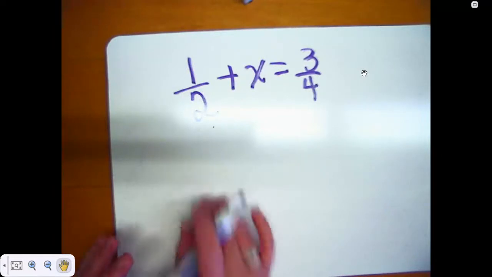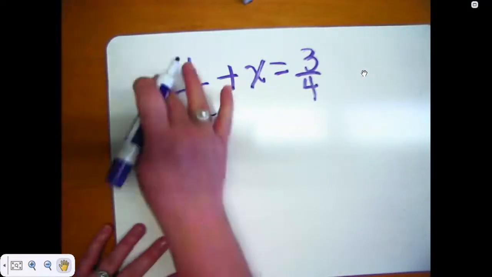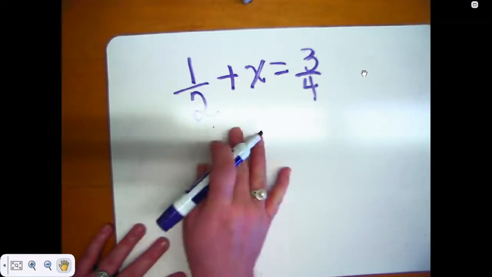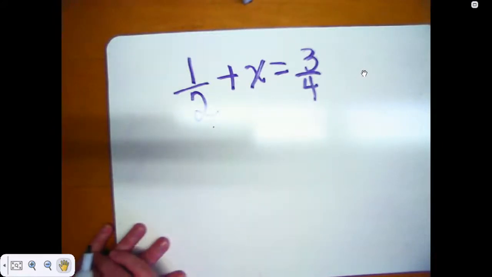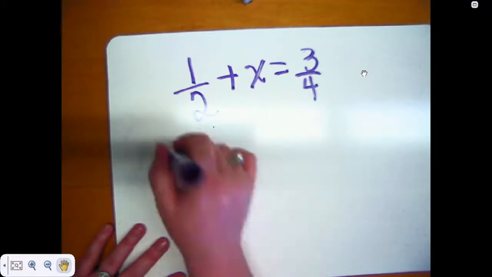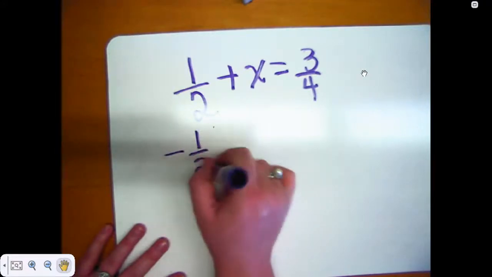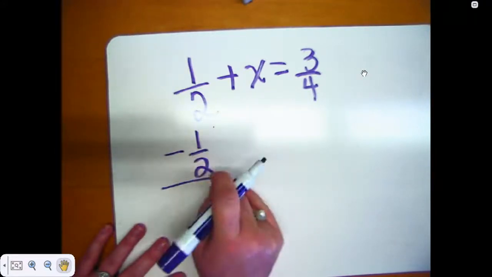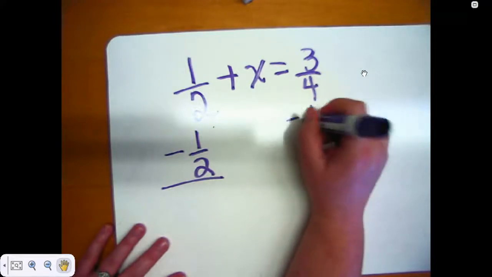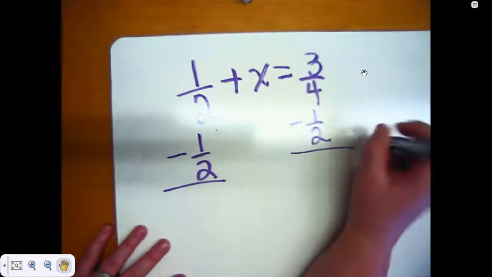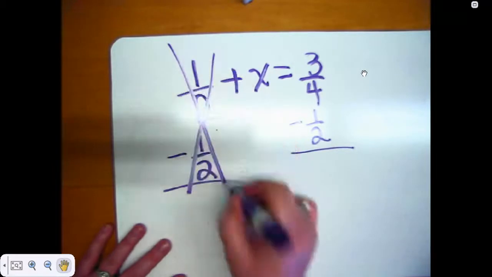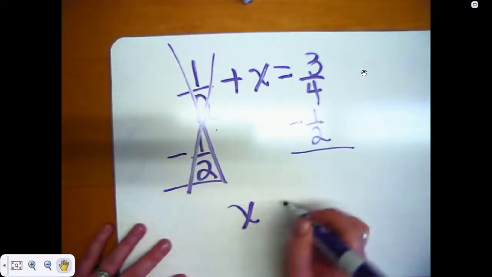So right now I have 1/2 plus x equals 3/4. In order to get x by itself, I need to subtract 1/2 from this side. And if I subtract 1/2 from this side, I also need to subtract 1/2 from this side. This one goes away, and I'm left with x.